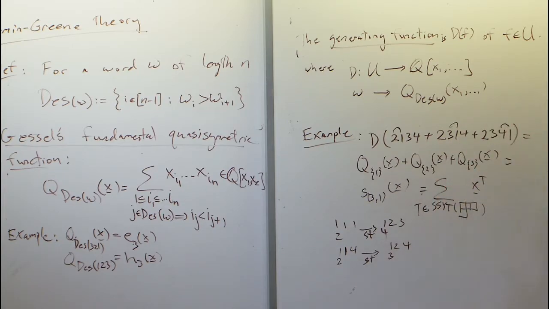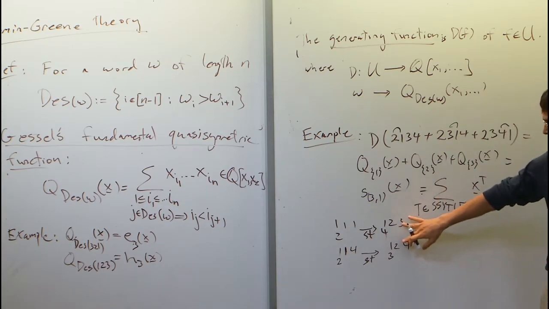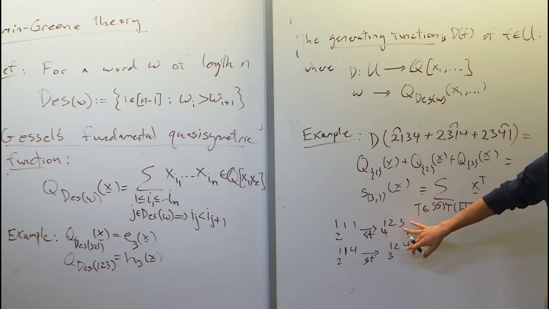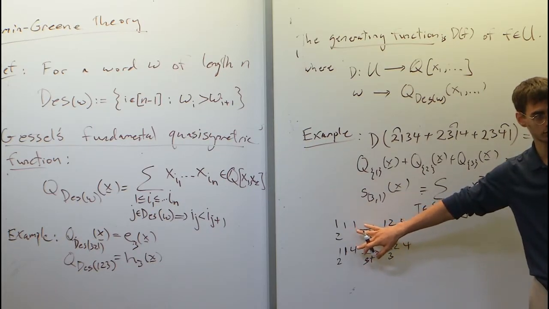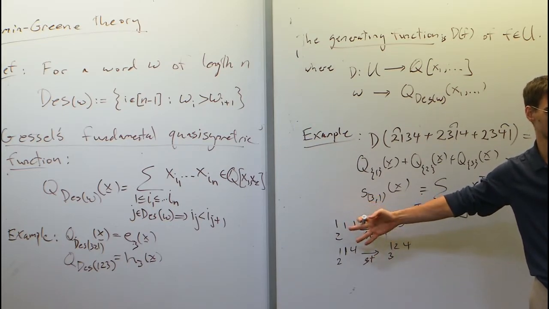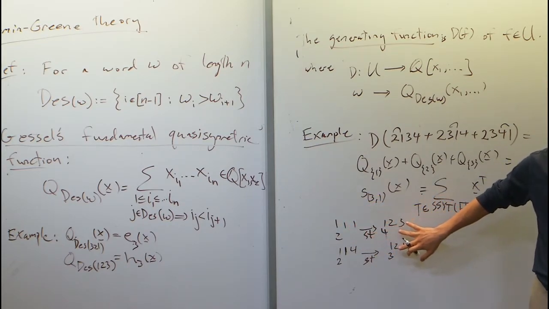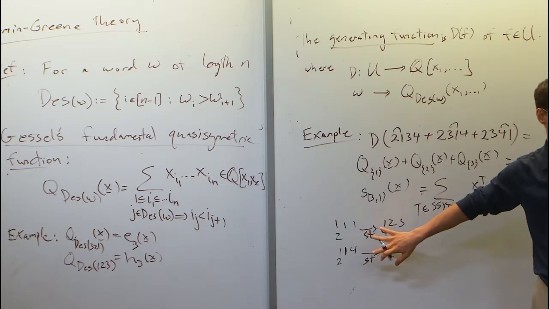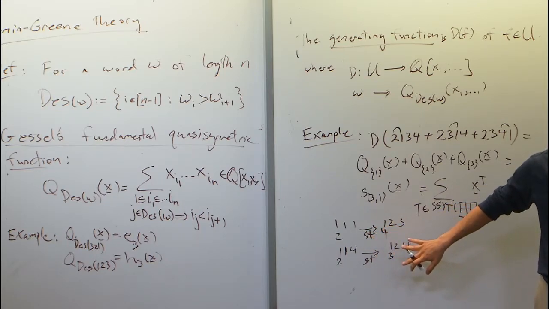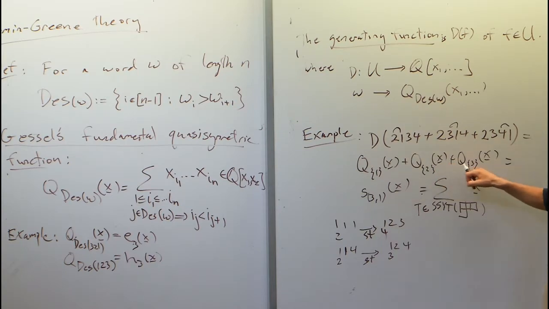So under this standardization, there's only three standard Young tableau of this shape. Each semi-standard Young tableau in infinitely many variables will still standardize to one of them. And that decomposition of the Schur function is the same as this one into quasi-symmetric functions.